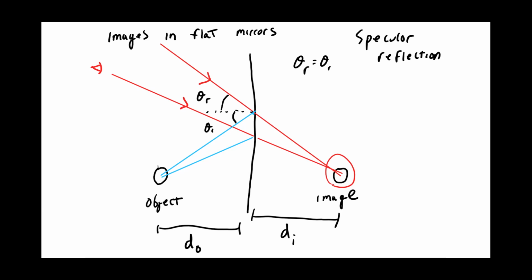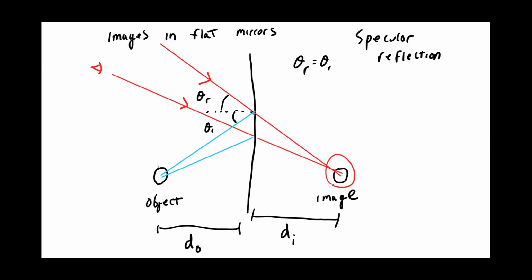If I'm looking at a mirror, I'm seeing light that is being reflected off the mirror that originally comes from some object. But if I geometrically trace those rays back to the other side of the mirror, they are diverging from a particular point. That point where the reflected light is diverging from, we call an image.